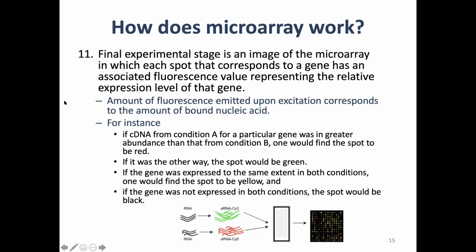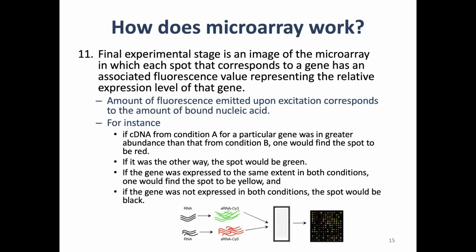The final experimental stage is an image of the microarray in which each spot that corresponds to a gene has an associated fluorescence value representing the relative expression level of that gene. The amount of fluorescence emitted upon excitation corresponds to the amount of bound nucleic acid.